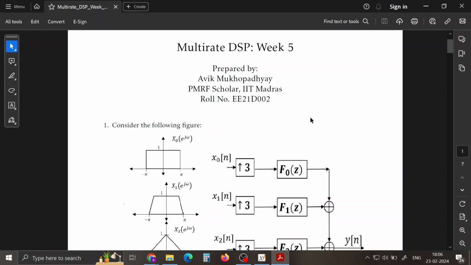Then we got a flavor of DFT and high resolution spectral analysis, and we also looked at something called the transmultiplexer, which converts TDM to FDM and vice versa. We also briefly introduced the idea of maximally decimated filter banks, just the terminology. We haven't looked at that. So with all these concepts in mind, let's begin today's session.